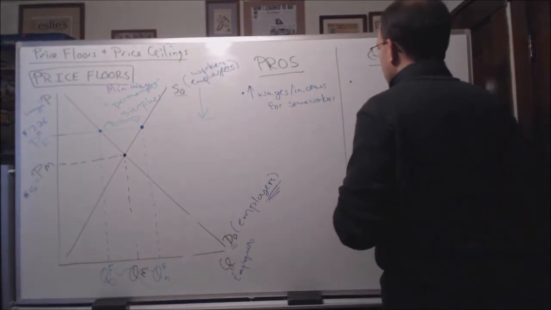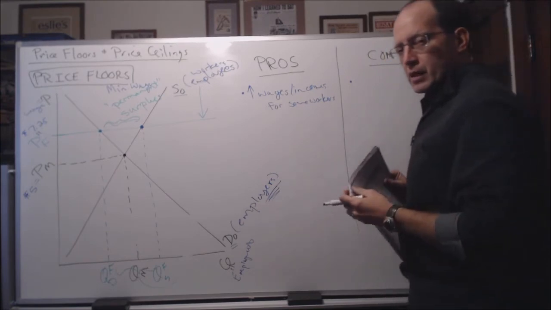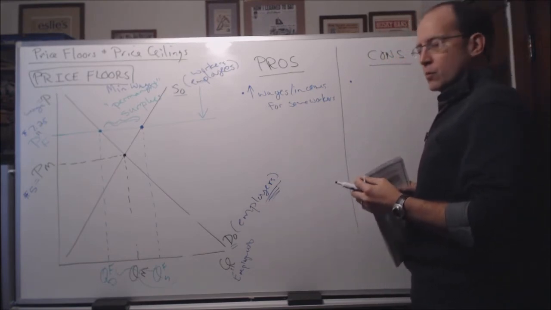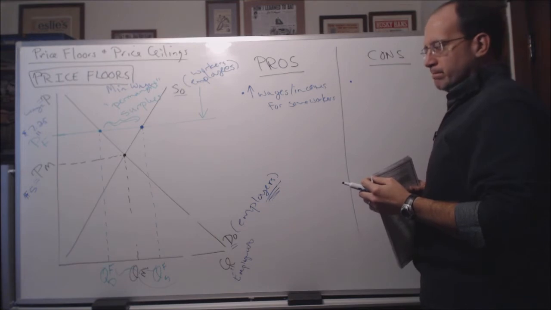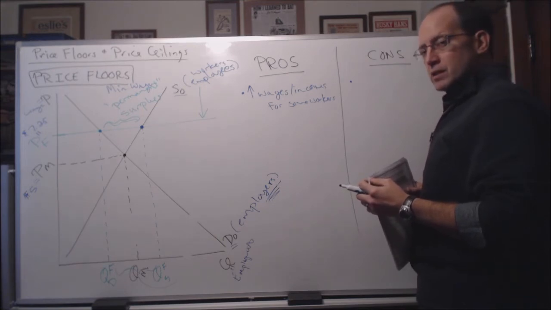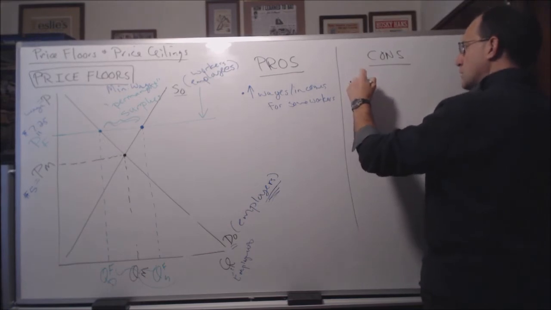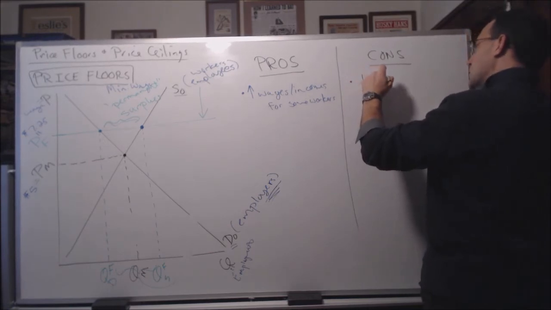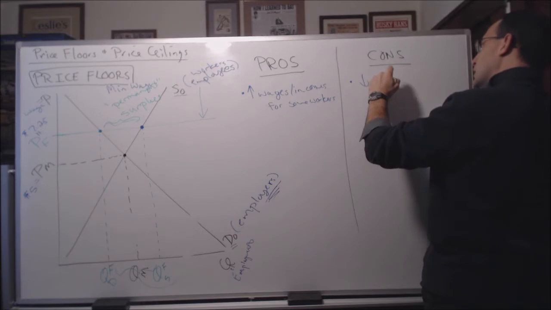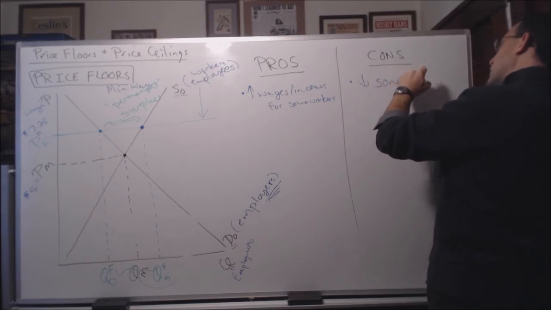What are employers going to do if they're mandated to pay a higher wage to their workers? They're going to decrease their quantity demanded. And so because of those higher wages, we're going to see a decrease in some jobs, right? Some jobs are going to go bye-bye.